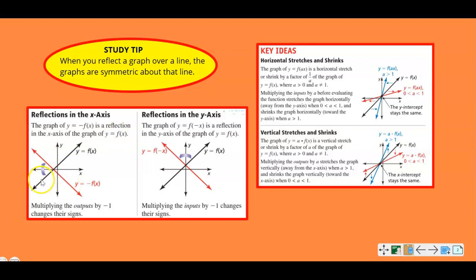If you had a point here, it would reflect to here. If you had a point here, it would reflect down here. Reflection across the y-axis, again, that's f of parentheses negative x, so that's inside. So if the negative is inside the parentheses, it's reflecting across the y. If it's outside, if it's in front of, it's reflecting across the x.